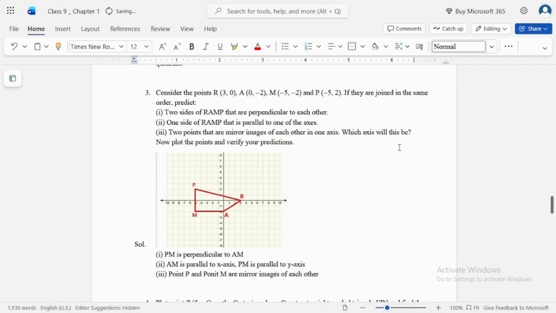Okay, which axis will this be? So the axis is x-axis.